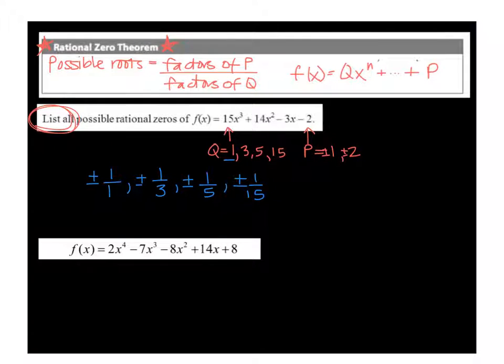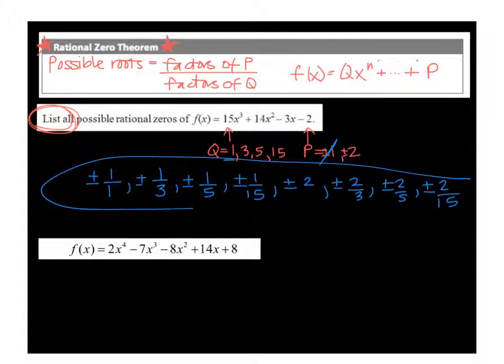So notice those are 8 possible options now, right? Because I have +1, -1, +1/3, -1/3, and so on and so forth. So that's all of my ones with the 1. And then if I keep going, now I can do plus or minus 2 over 1, which is just 2, so I'm just going to leave it like that. Plus or minus 2 over 3, plus or minus 2 over 5, plus or minus 2 over 15. And that's our answer there.